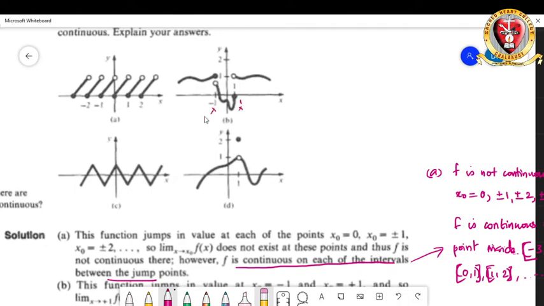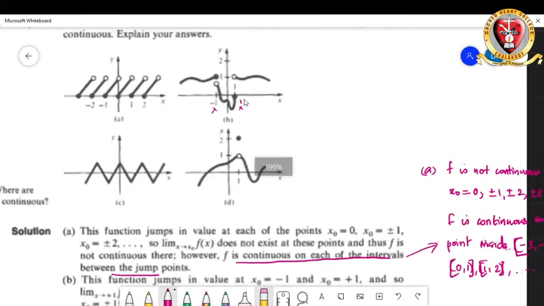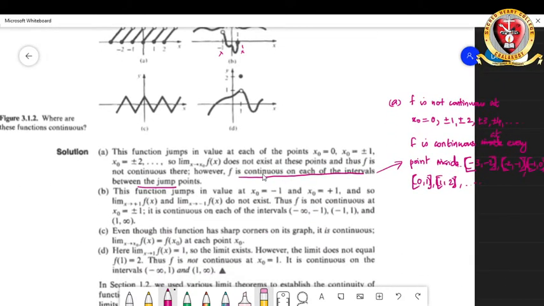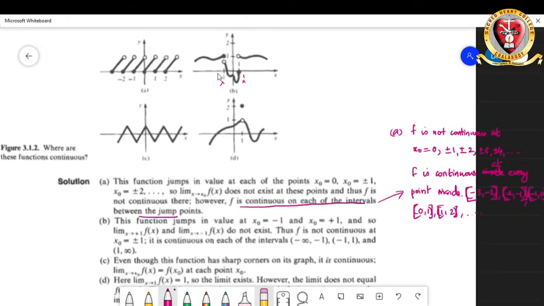As an explanation, you can read the solution. This function jumps at the value x naught equal to -1. You can see the function was moving continuously like this, and at -1 suddenly it jumps to some other point, and then again the function moves nicely. We can draw it without lifting our pen or pencil, and then at the point +1 again the function jumps, and then again it moves continuously.